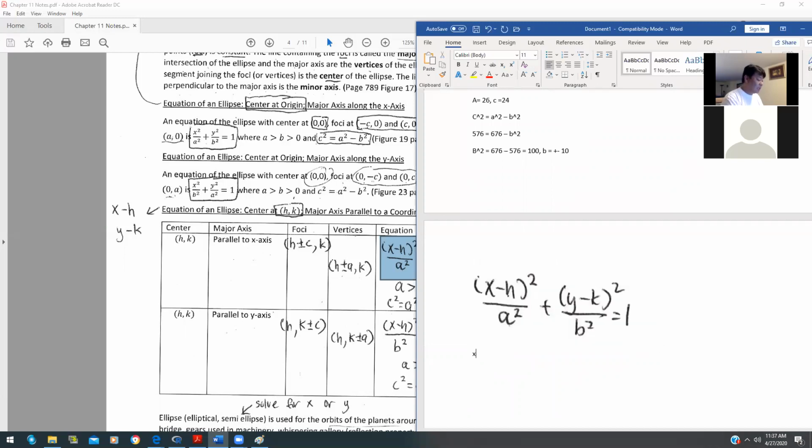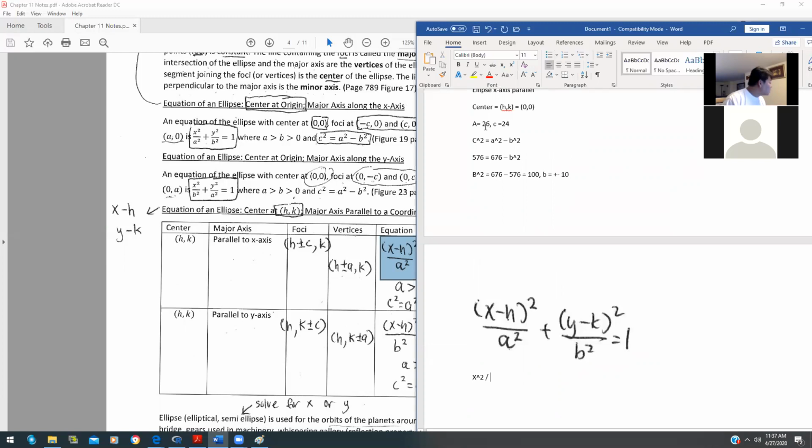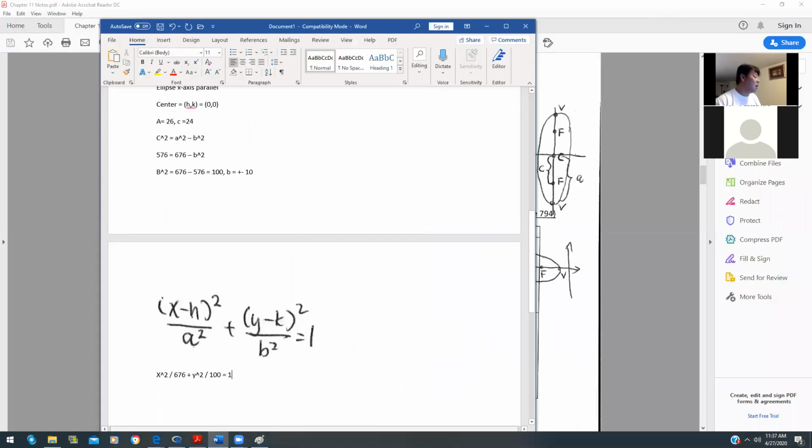So your answer is x squared over a squared, A is 26, so 26 squared is 676, plus y squared over b squared, B is 10, so 10 squared is 100, and this equals 1. This is the equation, and this is how we find it on your homework here.